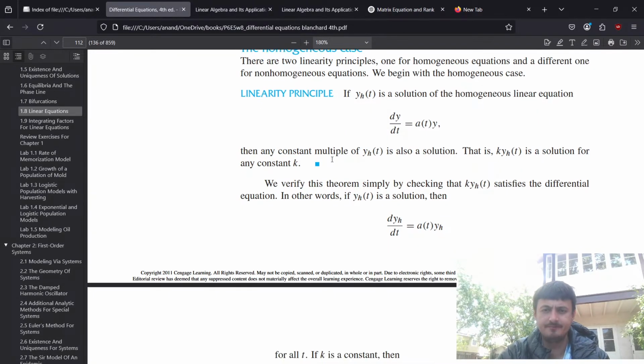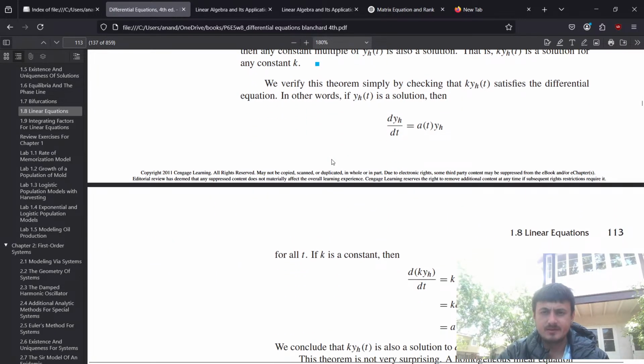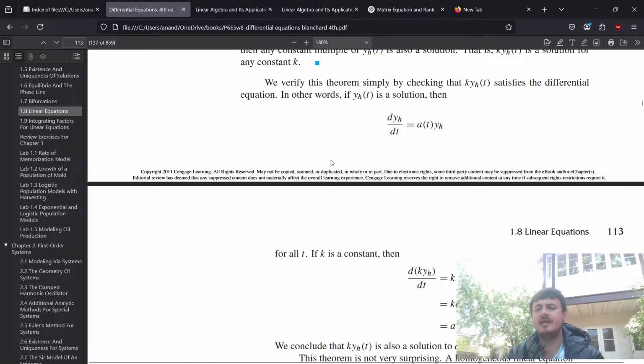We verify this theorem simply by checking that k times y sub h of t satisfies the differential equation.